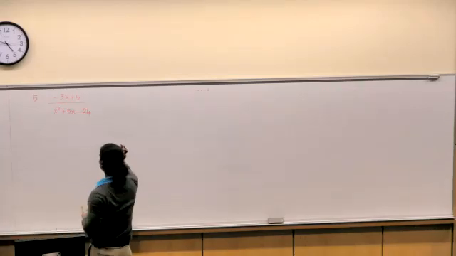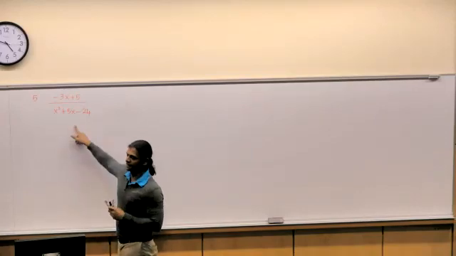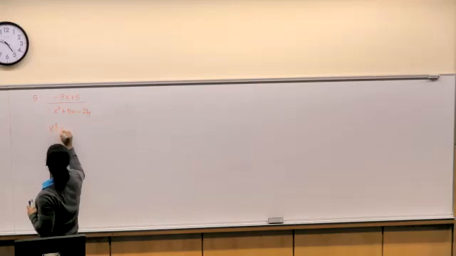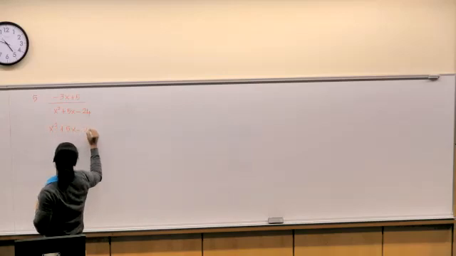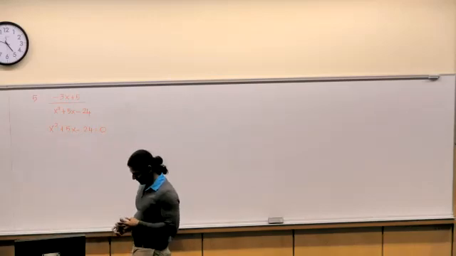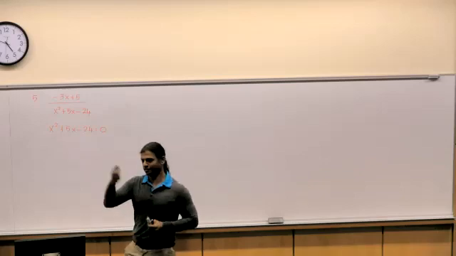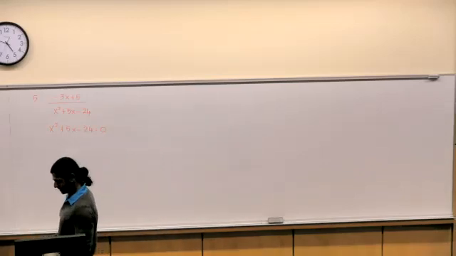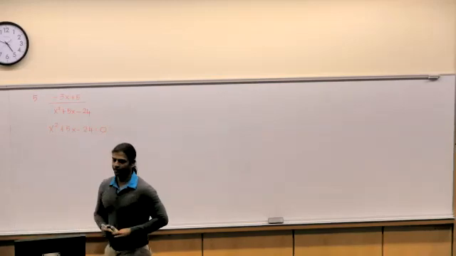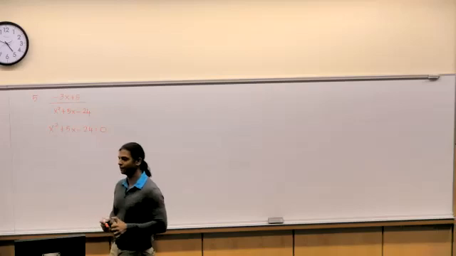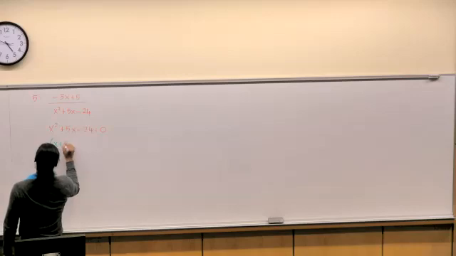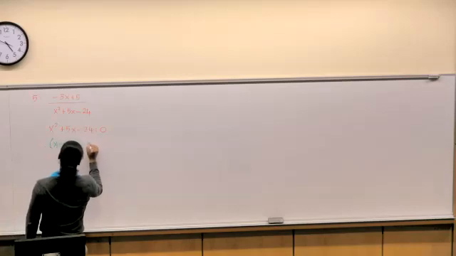So the process is the same. We set the denominator equal to 0. We end up having a quadratic equation. How do we solve? We haven't gotten to the quadratic formula yet. So we have to factor. What are the two factors for x squared plus 5x minus 24? The factors are x plus 8 and x minus 3.